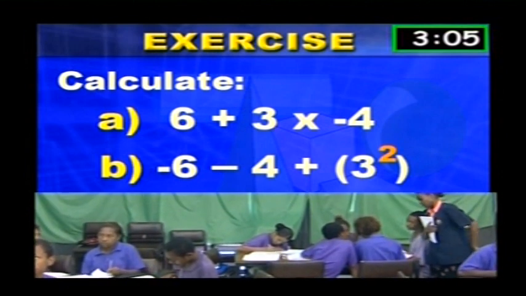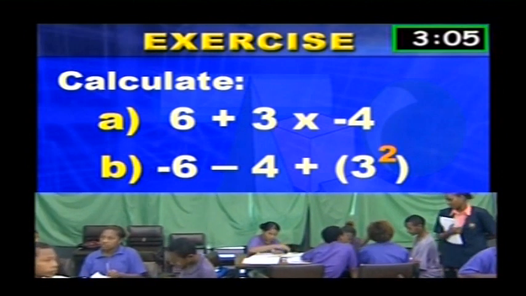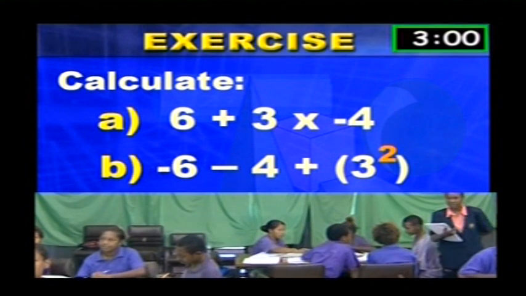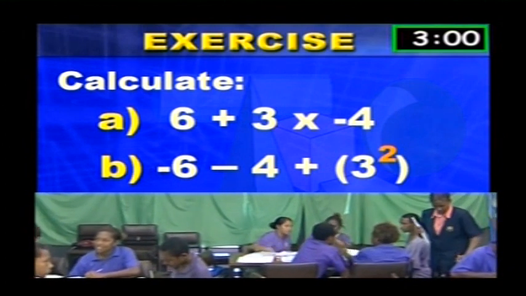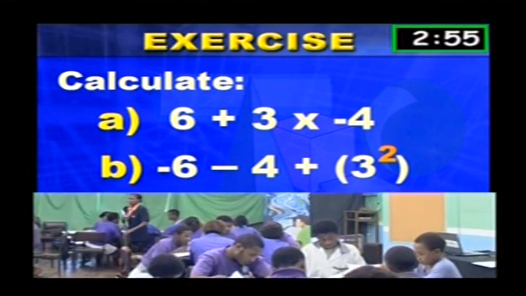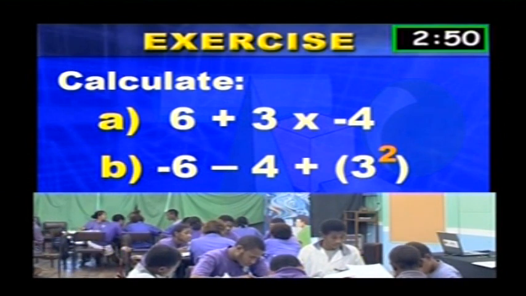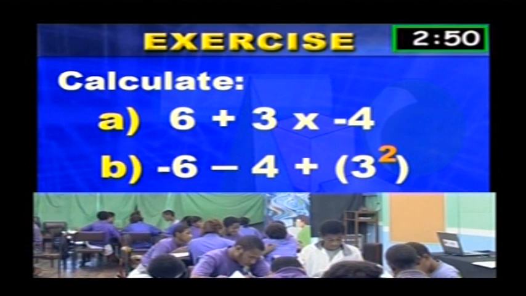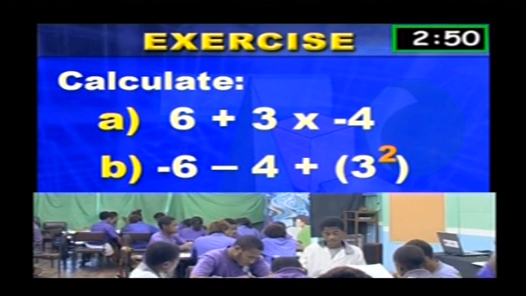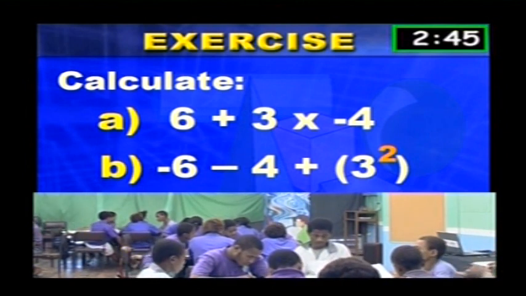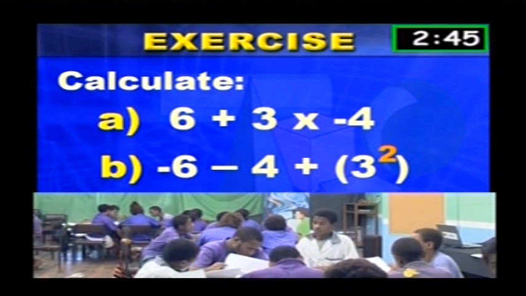We'll go through it together also. We try exercise 2. If you still don't understand, okay, you have a multiplication sign here. So which of these numbers are you going to group?